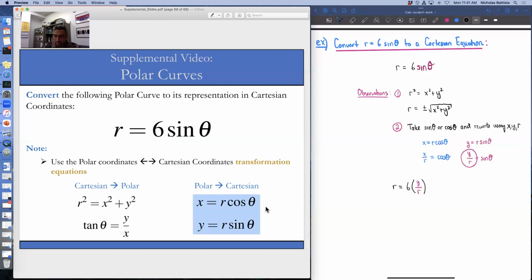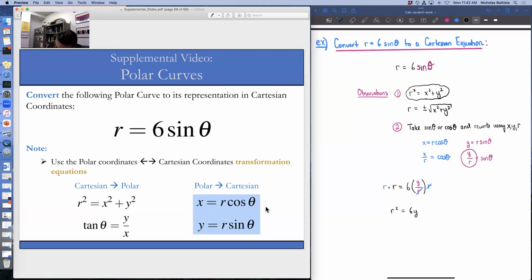Next, we can multiply both sides by r. Again, the reason for doing that is on this right-hand side, you can see that the r's will cancel. The left-hand side, we'll get an r squared is equal to 6 times y. This last step, basically what we did was cross-multiply that denominator of r over to the left side. But now that we have r squared equal to 6 times y, we can use that first observation that says r squared is equal to x squared plus y squared.